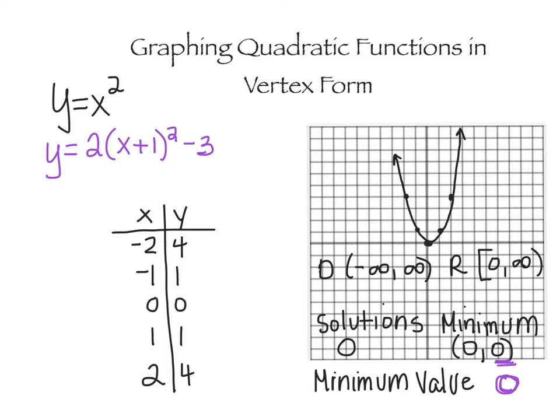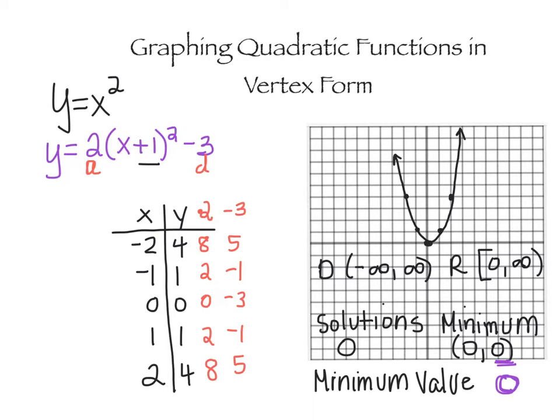So let's start with the A and the D. Okay, remember I have to go alphabetical, so I do exactly what it says on the outside to do to my y's. So I'm going to multiply by 2, and I'm going to subtract 3. To the x's, I do the opposite.